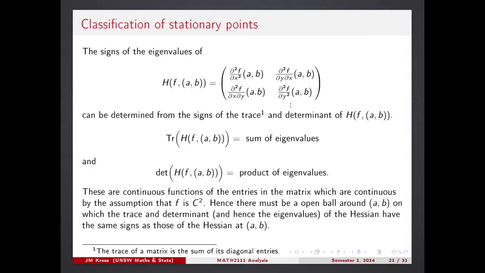Right, so this slide addresses exactly this idea that we don't need to know the eigenvalues exactly. All we need to know is the distribution of signs. And in case of a 2 times 2 matrix, you can use 2 extra characteristics of a matrix. One of them is the determinant, and the other one is the trace.